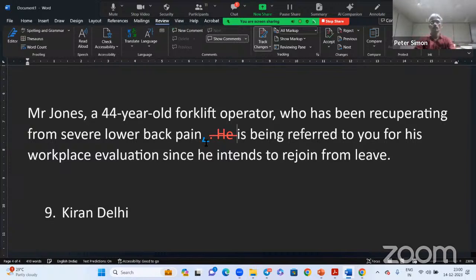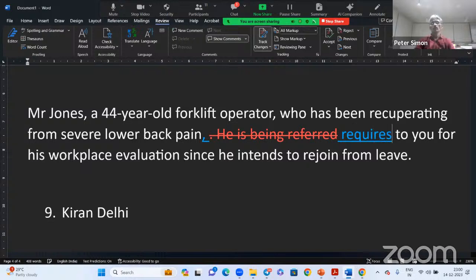So just say requires. If the word is there, better. Otherwise, just write requires workplace evaluation since he intends to rejoin.